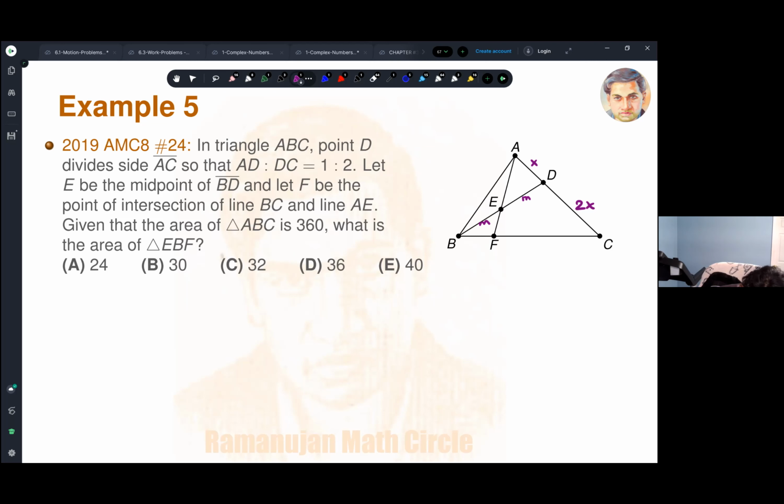Given that the area of triangle ABC is 360, they're asking for the area of EBF. So I would try to attempt it, and then we'll come back and discuss this problem.